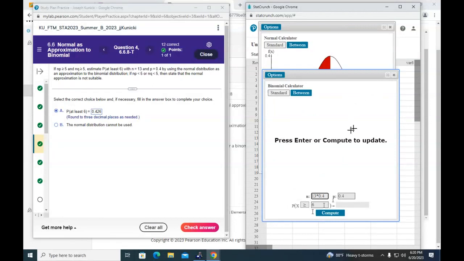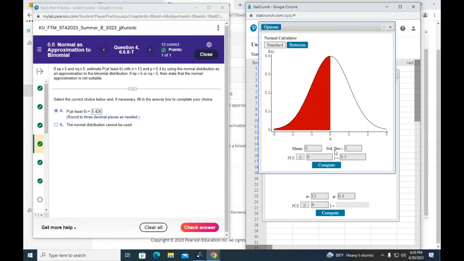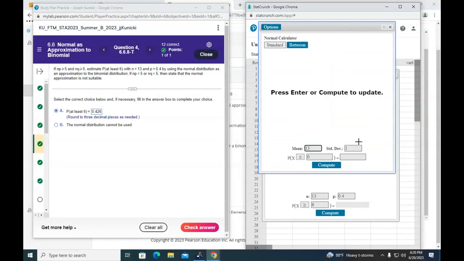I'm on the wrong one. I'm on the binomial. My bad. We already did this one. I want the normal. There we go. The mean is NP, so it's 13 times 0.4. Now the standard deviation is the square root of NPQ.